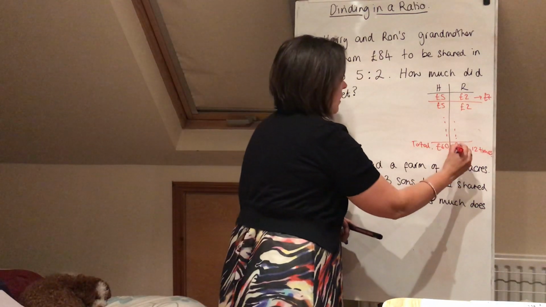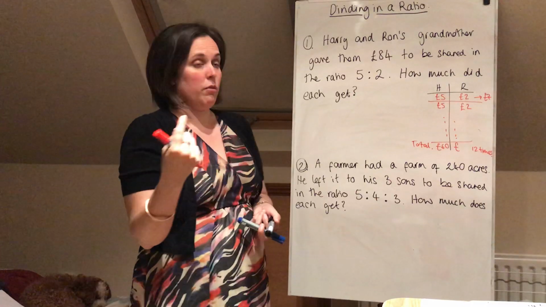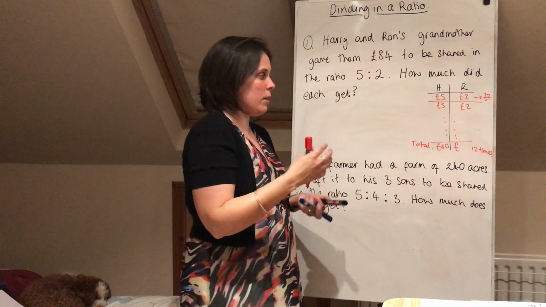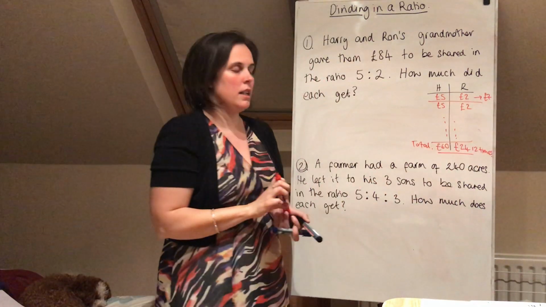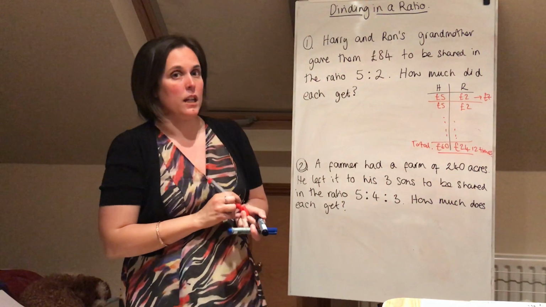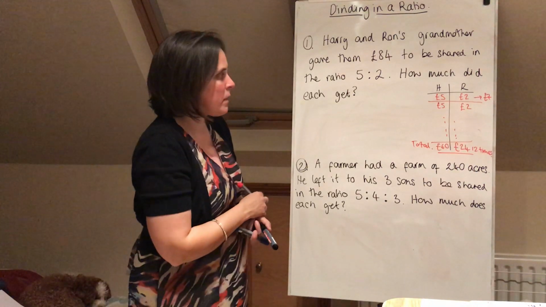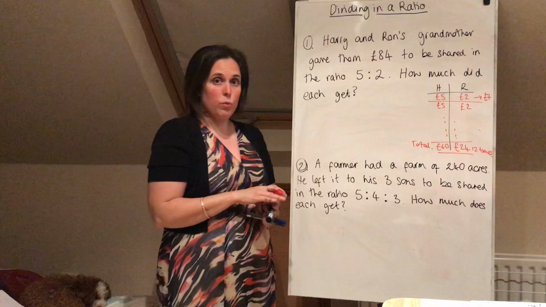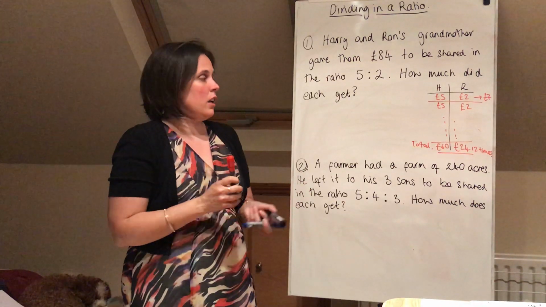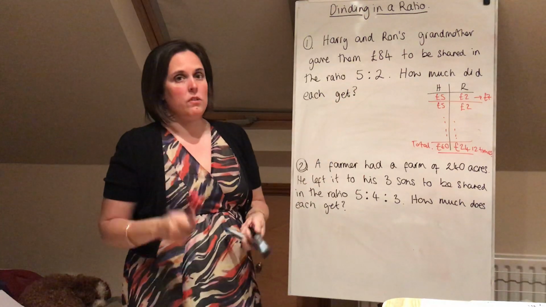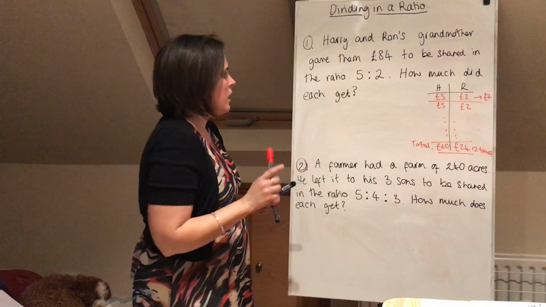And with the £2 coins, if we do that 12 times, 2 times 12 is 24. And if we check at the bottom, 60 plus 24 does indeed add up to 84, so we must have done it right, and that's always a good check as well. So that's what ratio means. Dividing in a ratio, that is how it works. 5:2 means for every £5 that Harry gets, Ron gets 2.